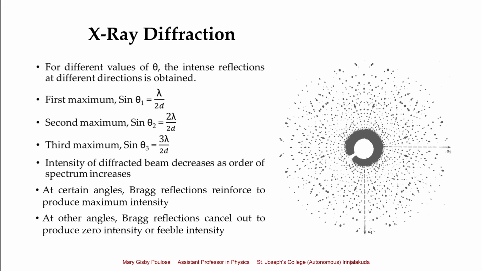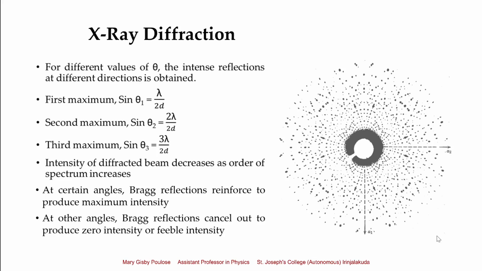Whereas at other angles, these Bragg reflections cancel out to produce zero or feeble intensity. In certain regions, they appear to cancel out, and there the diffraction intensity is very small or almost zero.